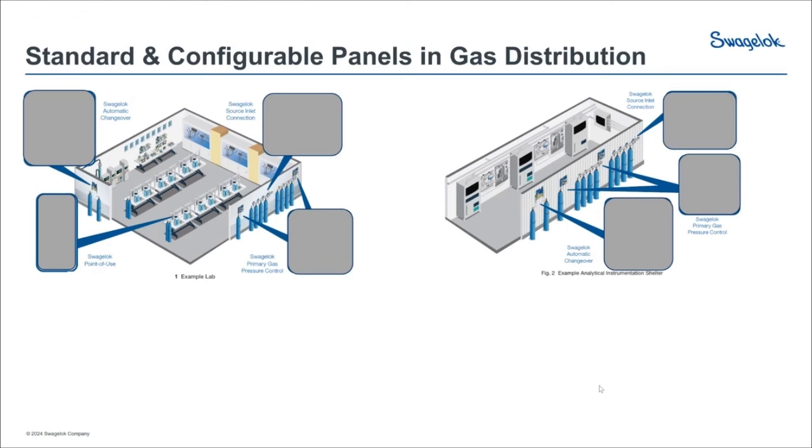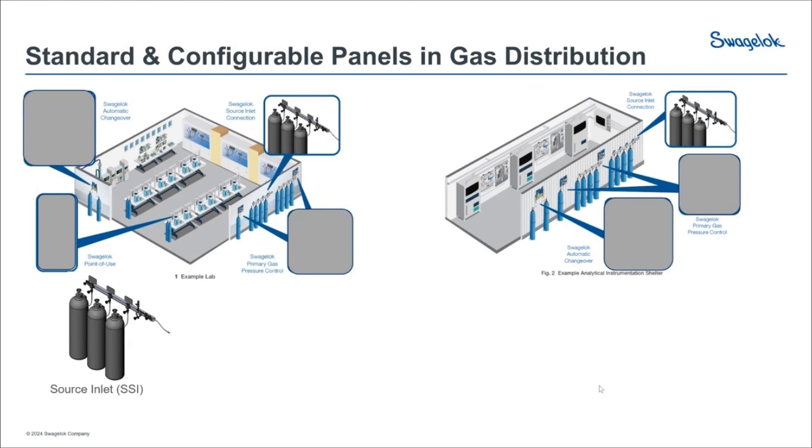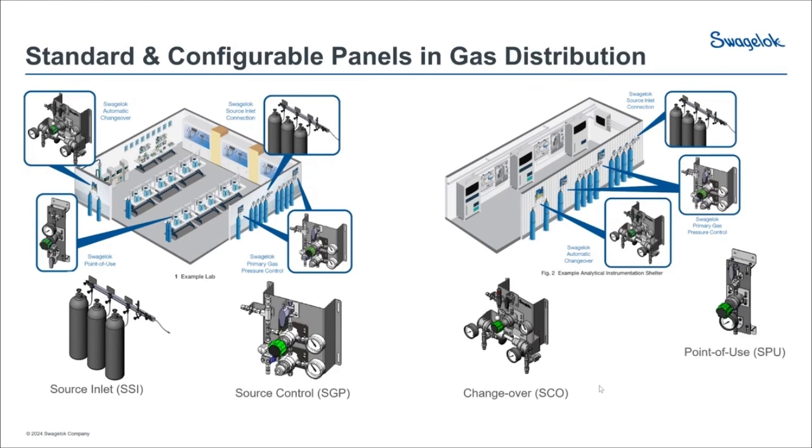A few years ago, Swagelok launched a program that offers these standard and highly configurable panels for a wide range of gas delivery needs. In this view, we have two different applications where we can apply 4 different panel types.